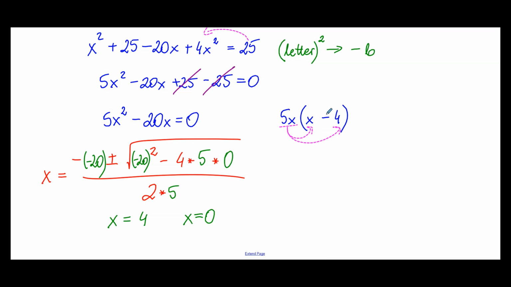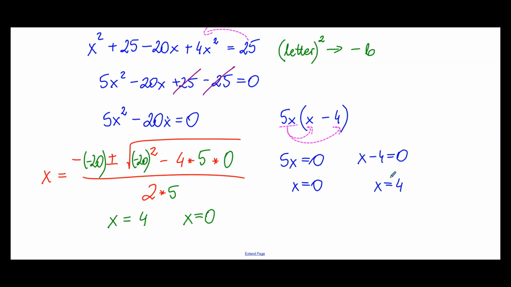And then 5x multiplied by minus 4 will be minus 20x. And then we are taking each factor equals 0. And therefore, we arrive at the same answer. But that's what I'm saying. This method, I know a lot of students find it a little bit more difficult. Like I'm saying, minus b formula will always work for you.